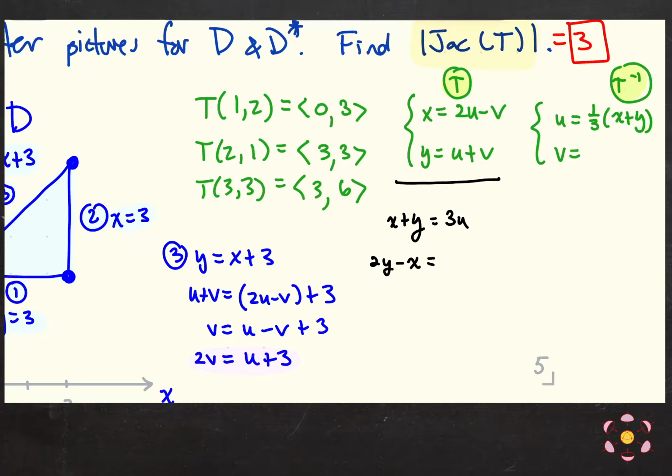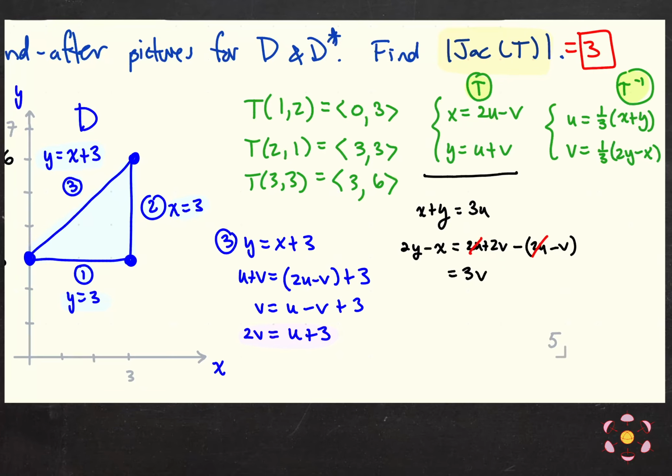The y side is going to be 2u plus 2v, which is 2y minus x. Minus x is going to be minus 2u minus v. What does that give us? The 2u's cancel out, and I've got 2v minus a negative v, so that's 3v. And you can see, solve for v, divide both sides by 3, and I've got 2y minus x.